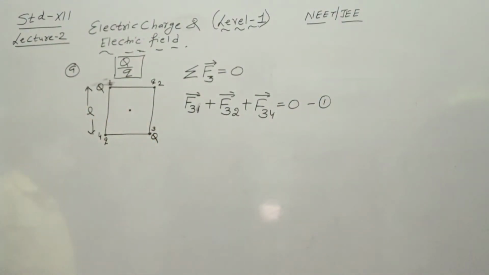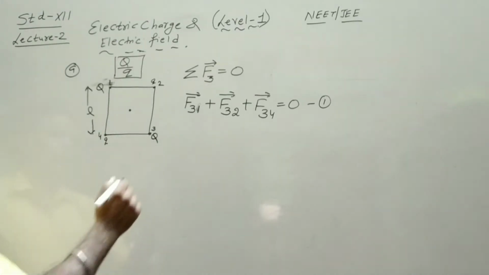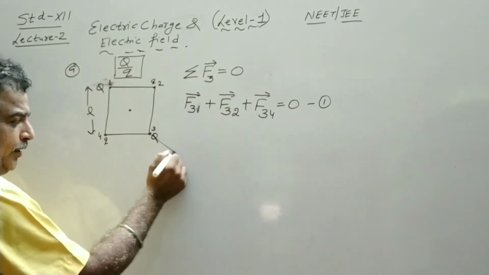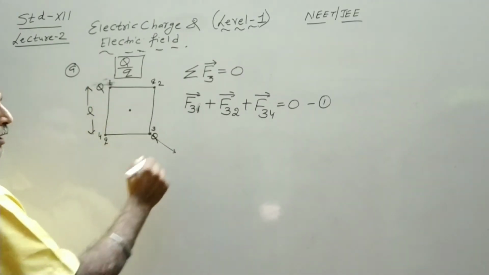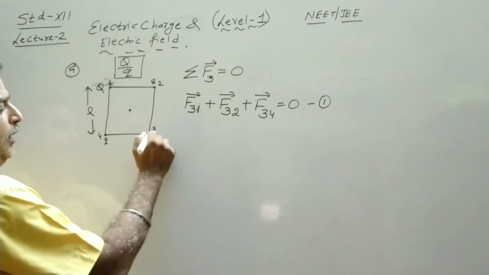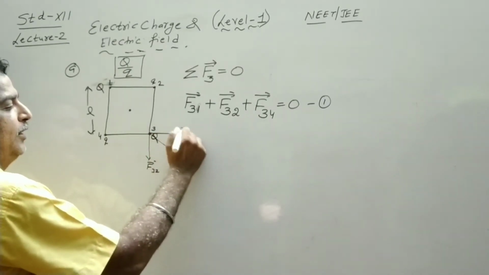Now it is clear from the geometry, suppose I take all the 4 charges as positive. Then the force on 3 due to 1 should be along the diagonal, F32 in this direction and F34 in this direction.